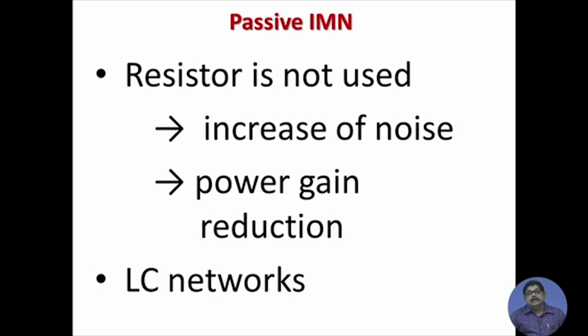Also, a resistor is a bit of a noisy device. So generally a resistor is not used for passive integrated matching networks. Mainly, by passive IMN we mean LC networks composed of either L or C.